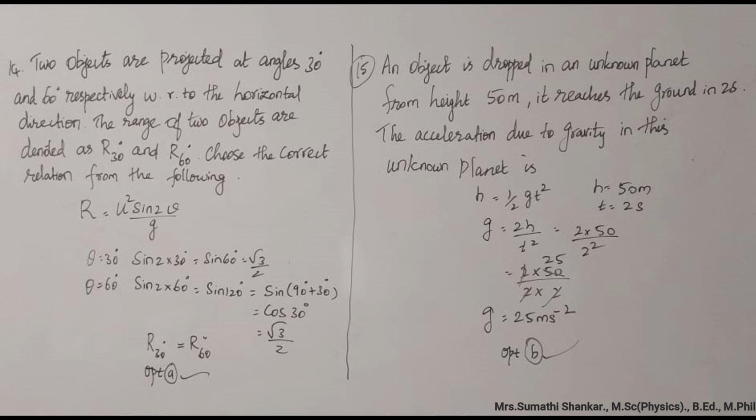We want the gravity term, so bring that g to the left hand side. g is equal to 2h divided by t square. Substitute the value: 2 into 50 divided by 2 the whole square. So 2 into 50 divided by 2 into 2, cancel one 2. So your answer is g is equal to 25 meter second power minus 2.